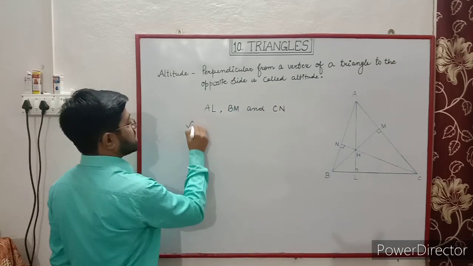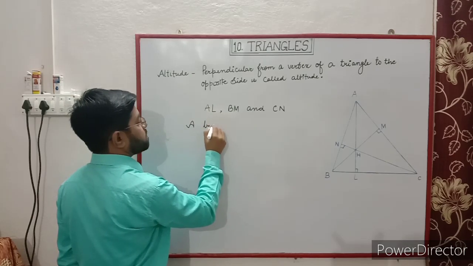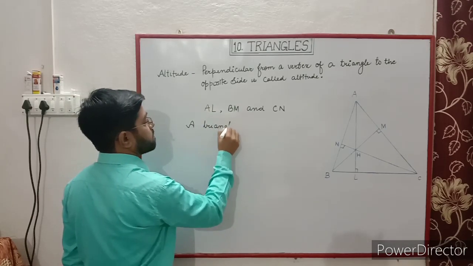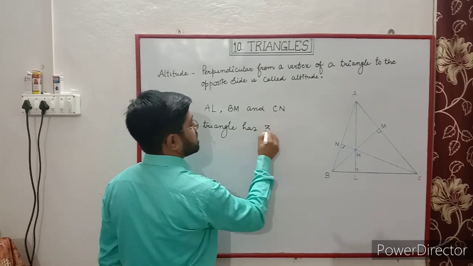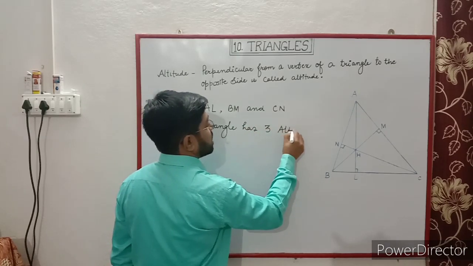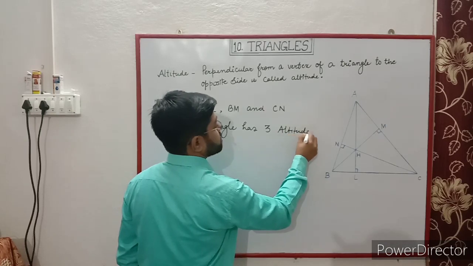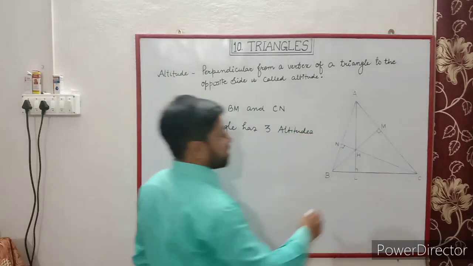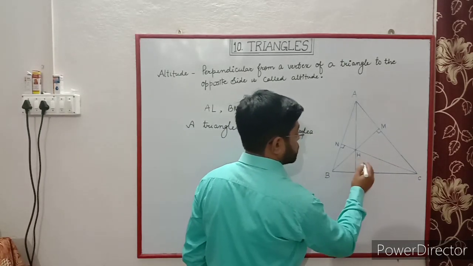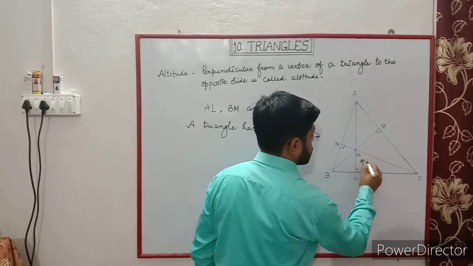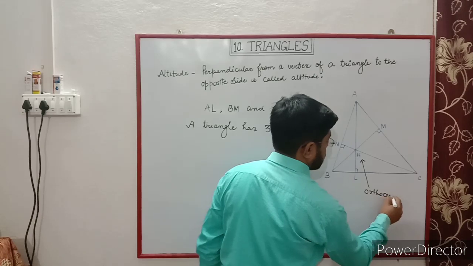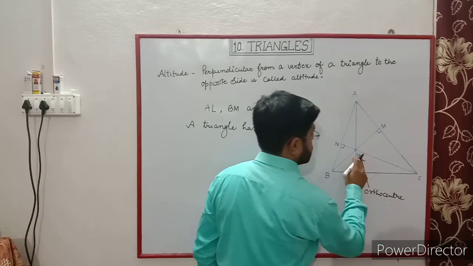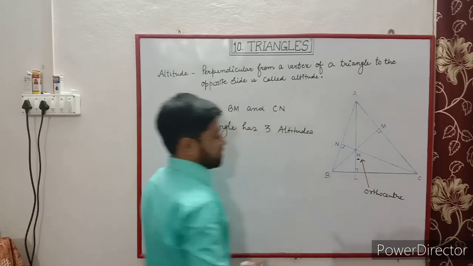So we can say that a triangle has three altitudes, and point of intersection of three altitudes is called orthocenter. It is denoted by H.